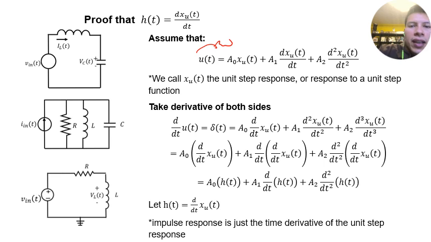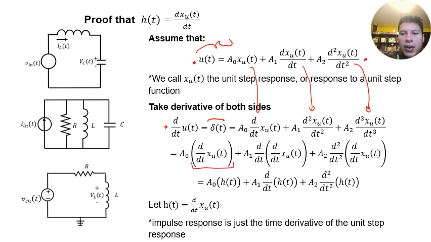Now I'm going to take the derivative of both sides of this equation. I get the derivative of the unit step function, which we defined in the previous lecture as the delta function. We also get the first derivative here; this will become a second derivative, and this will become a third-order derivative. I can factor out one derivative from each term so that I have one of the derivatives in parentheses.